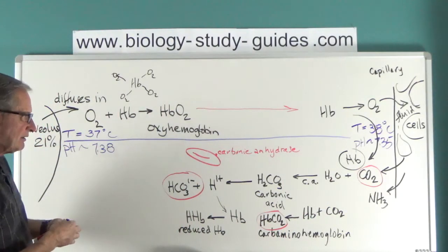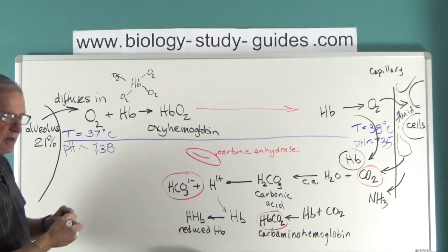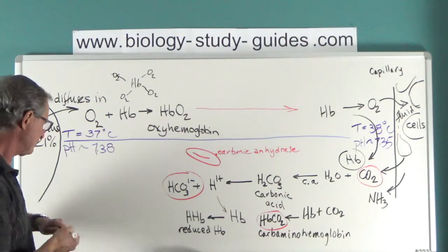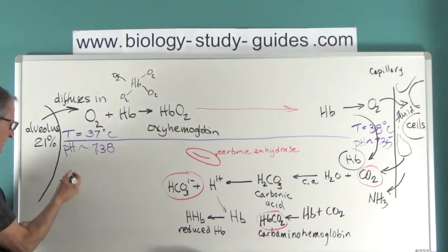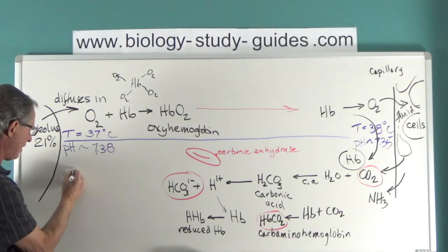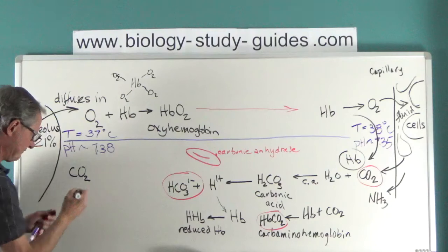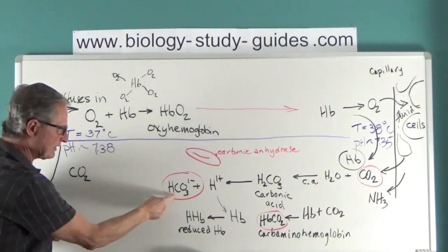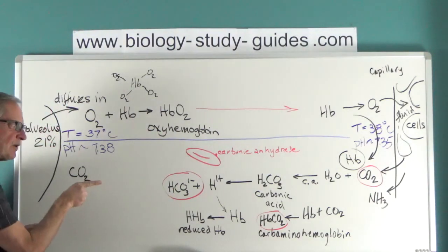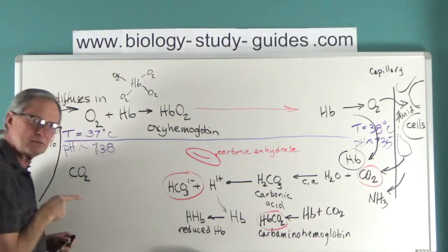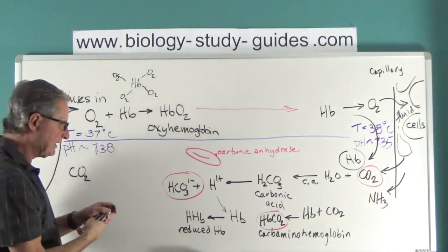And we actually have to reverse those processes. So what happens up here is carbon dioxide is released from here by this reaction going that way. If you see what's happening.